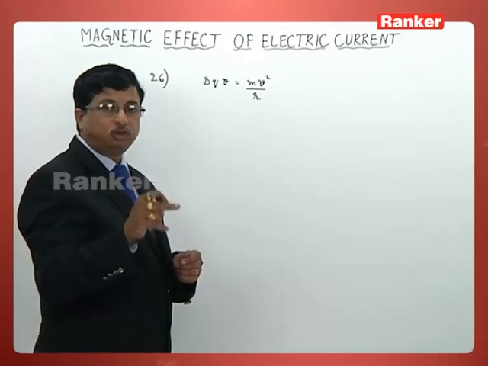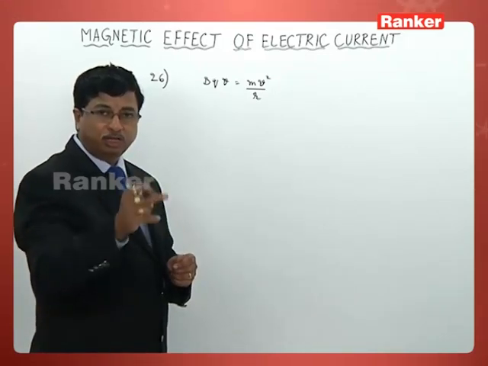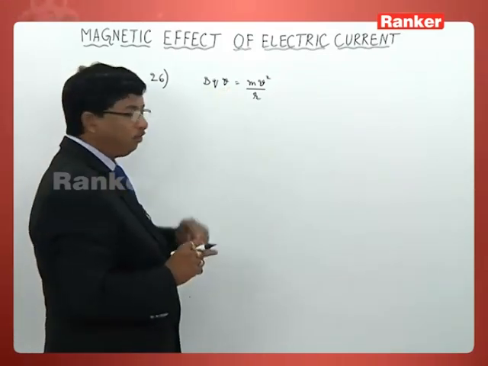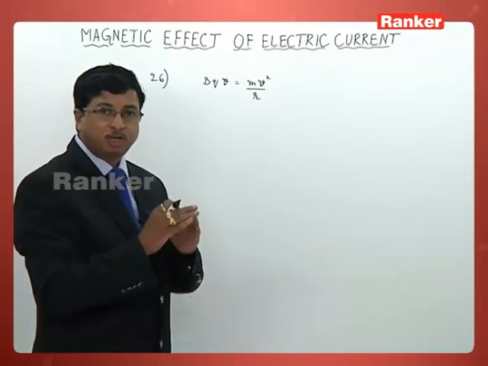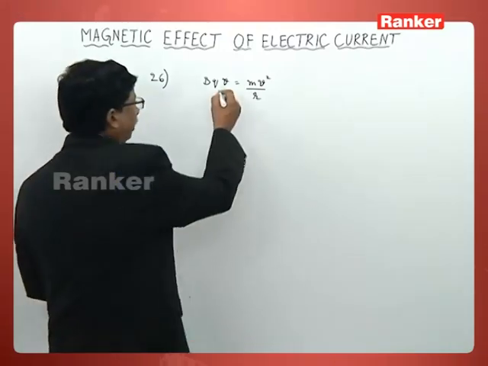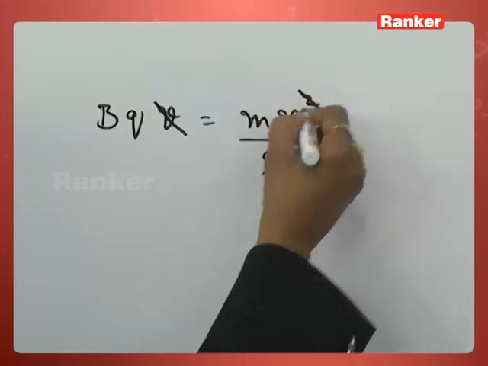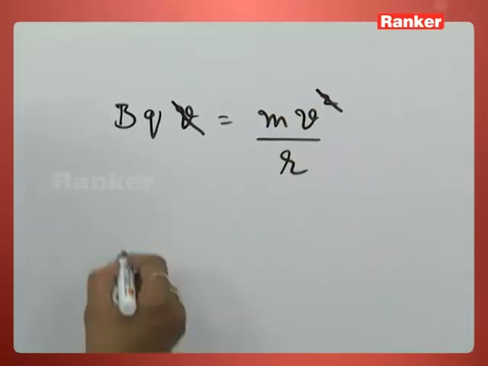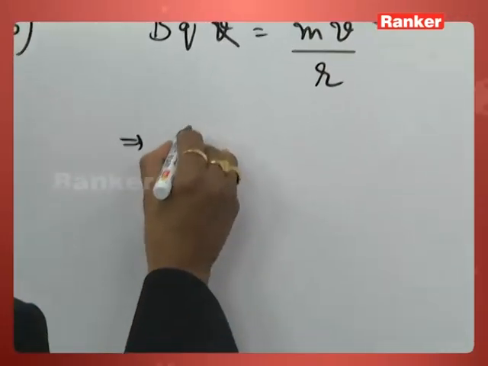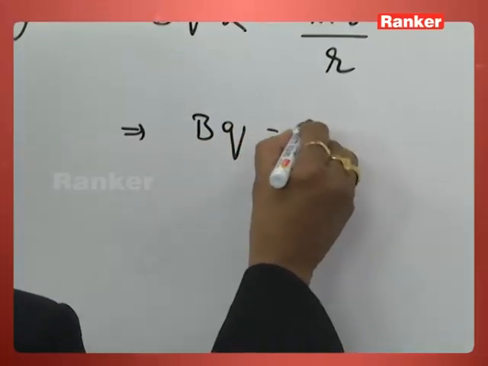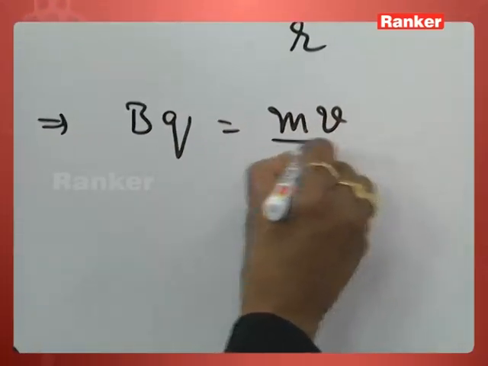Centripetal force is due to the magnetic field, BQV, and centrifugal force is mv square by r. Now out of that, one velocity I can cancel. Now you can rewrite the same this way: BQ is equal to mv by r.